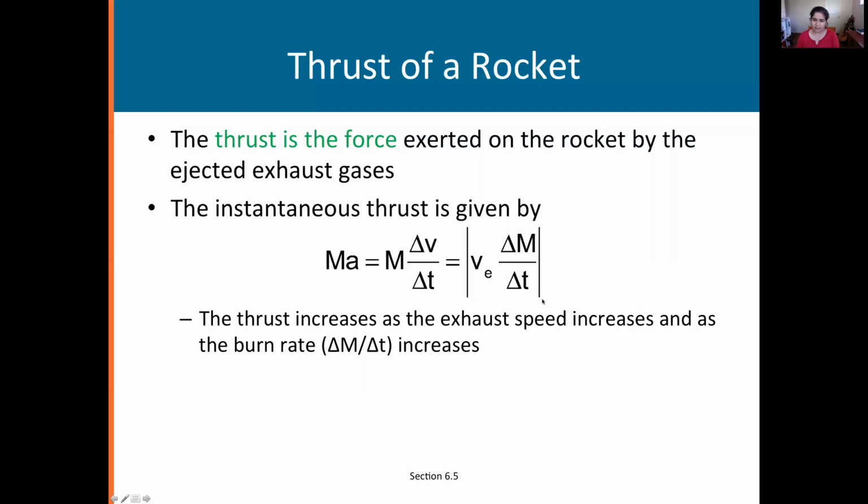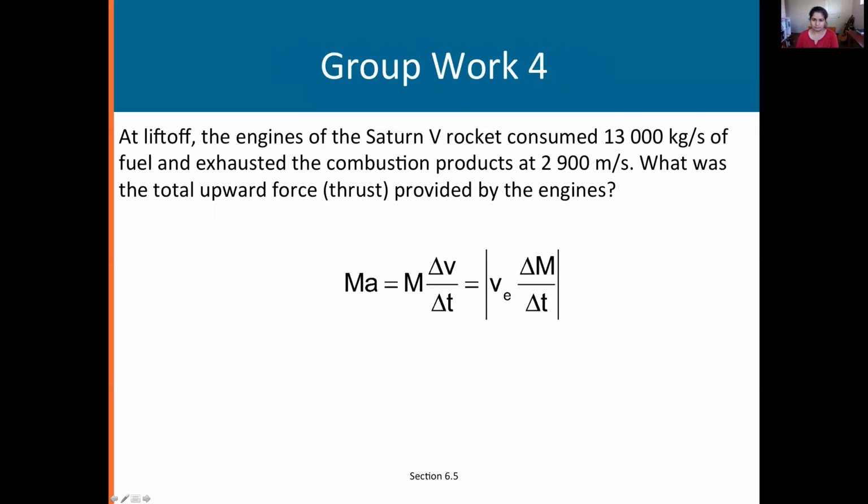So in fact, it turns out to be this. We will not derive it, but you should know this equation, that the thrust equals the modulus, or the absolute value of the exhaust velocity. This could be negative, its direction doesn't matter here, times the rate of burning the fuel, okay?